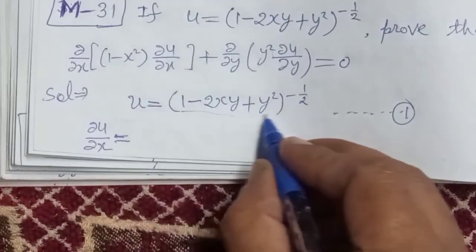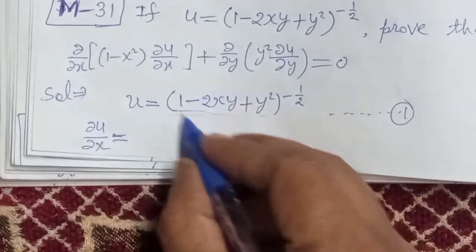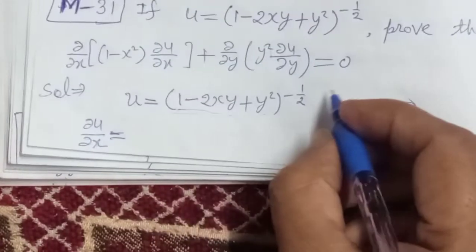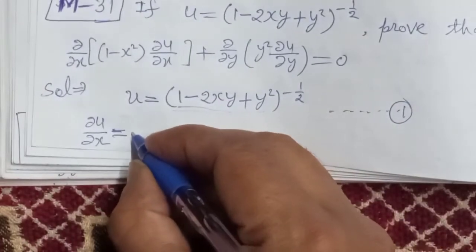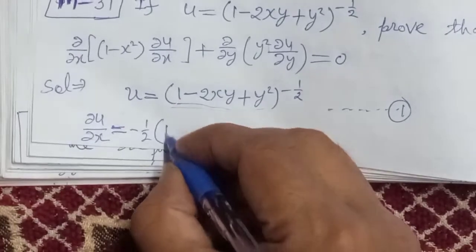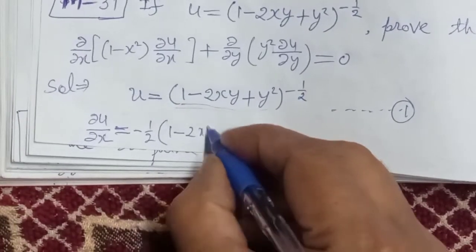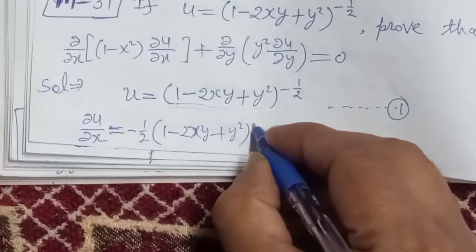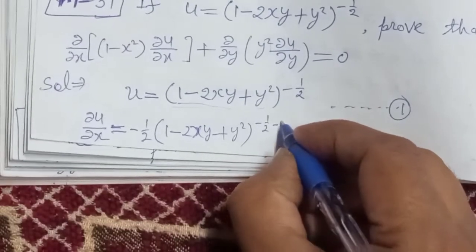Now consider this value as x, so for x to the power n the formula for differentiation is n x to the power n minus 1.